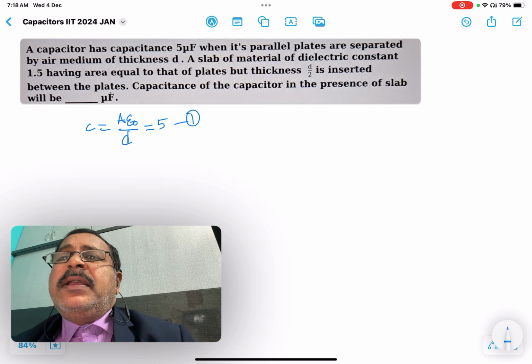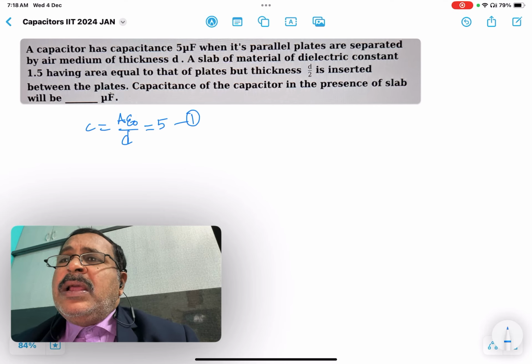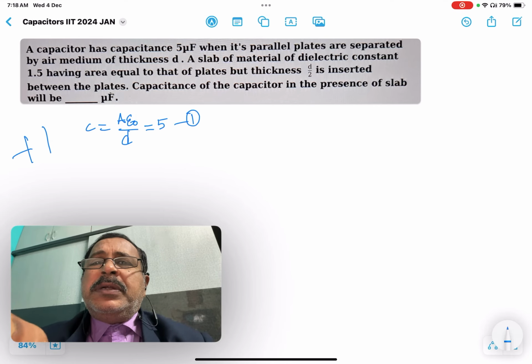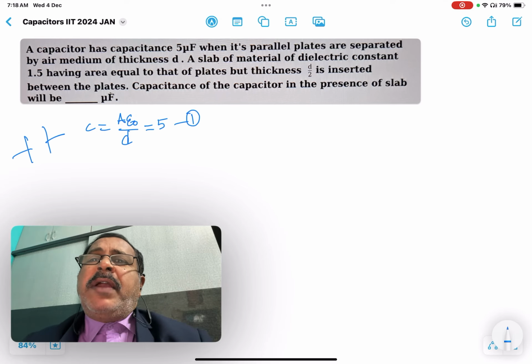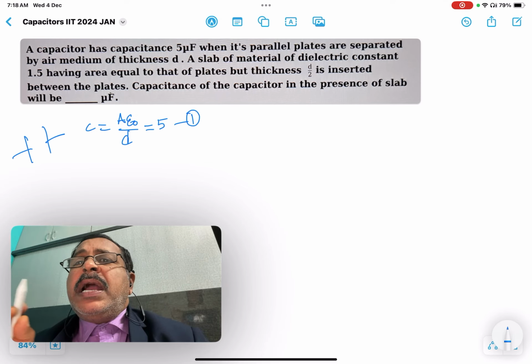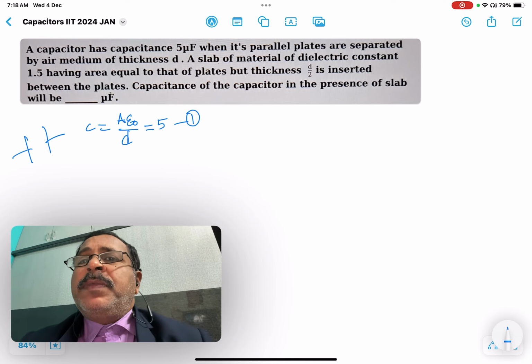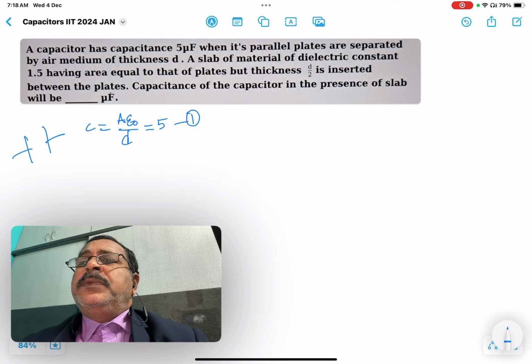Now what is telling? A slab of material of dielectric constant 1.5 having area equal to that of the plates. That means area same, area is constant, but thickness is d by 2 and it is inserted.